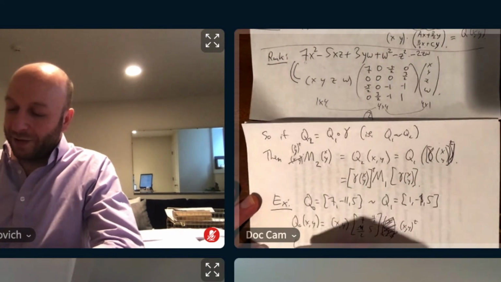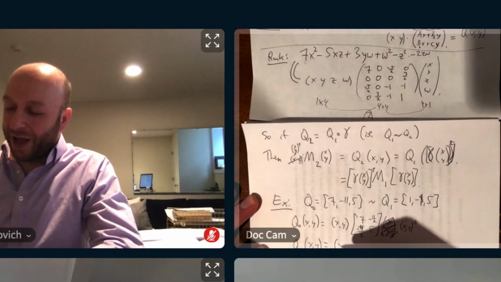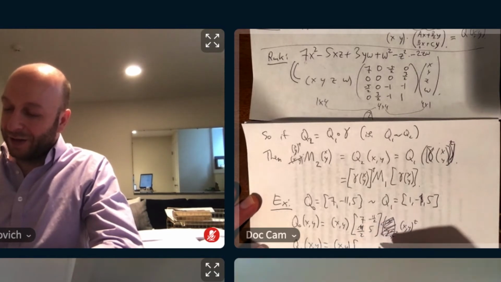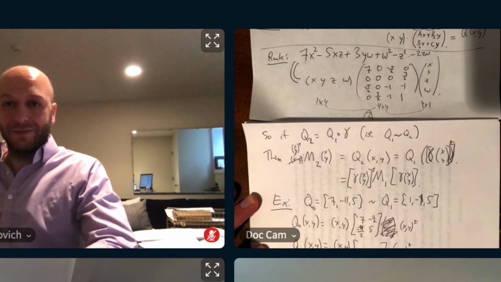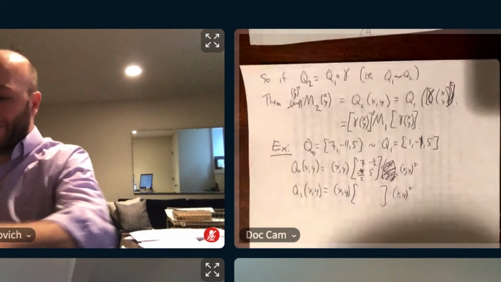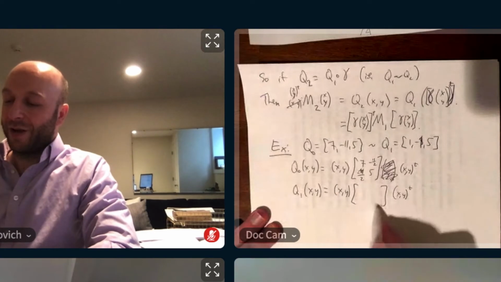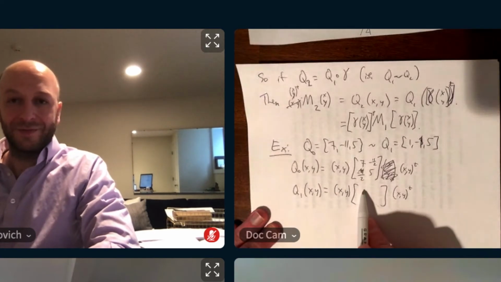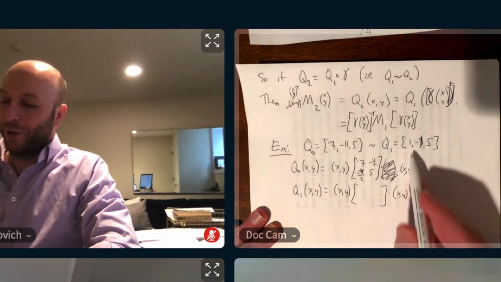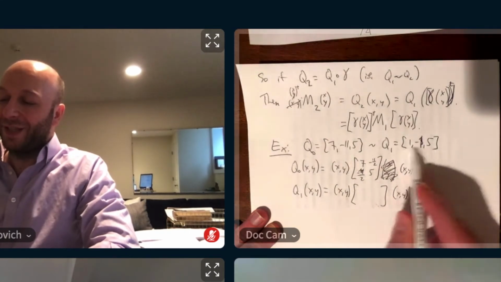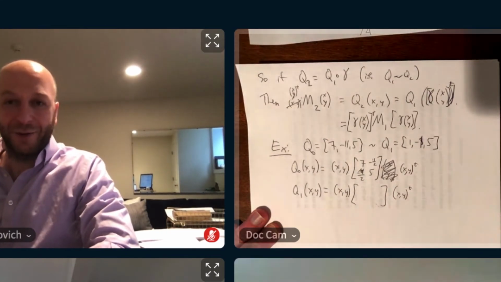What's Q1? Q1 of xy takes any entry xy and does this to it. What am I going to put here? What's this term? I just want to read directly from the ABC what goes in the half-Hessian, what goes in the Gram matrix.